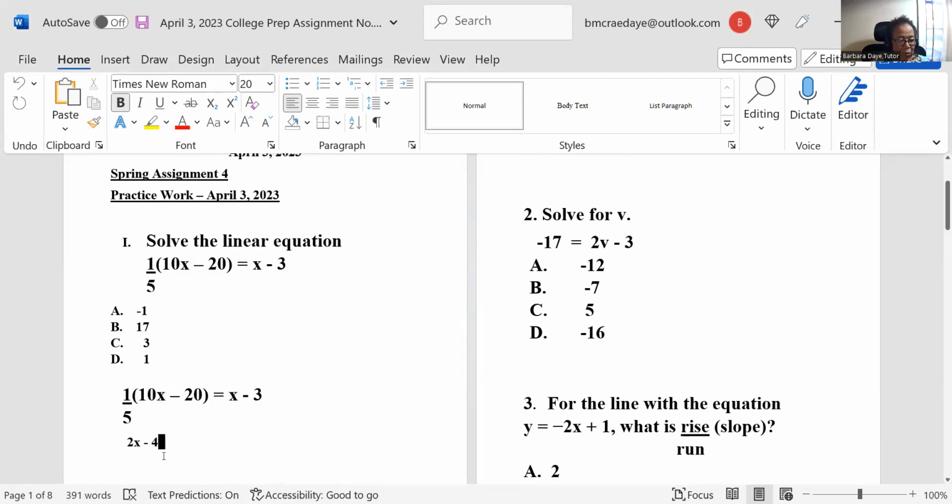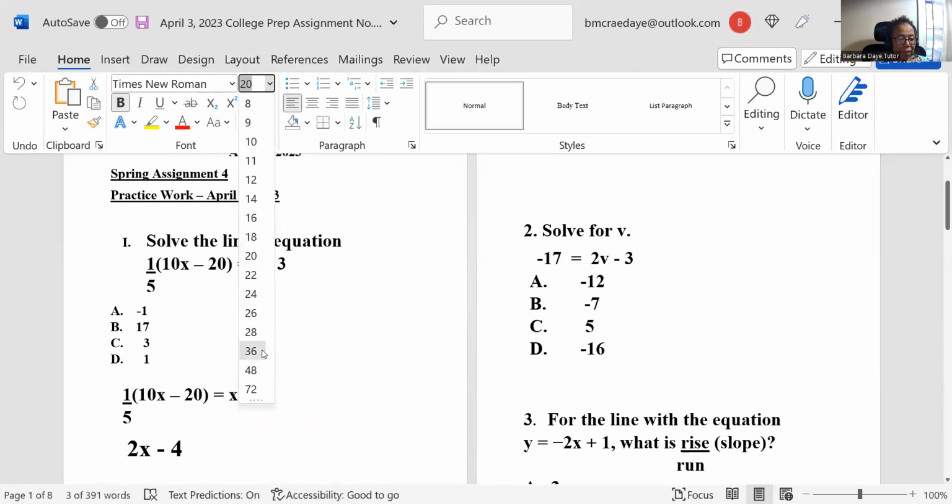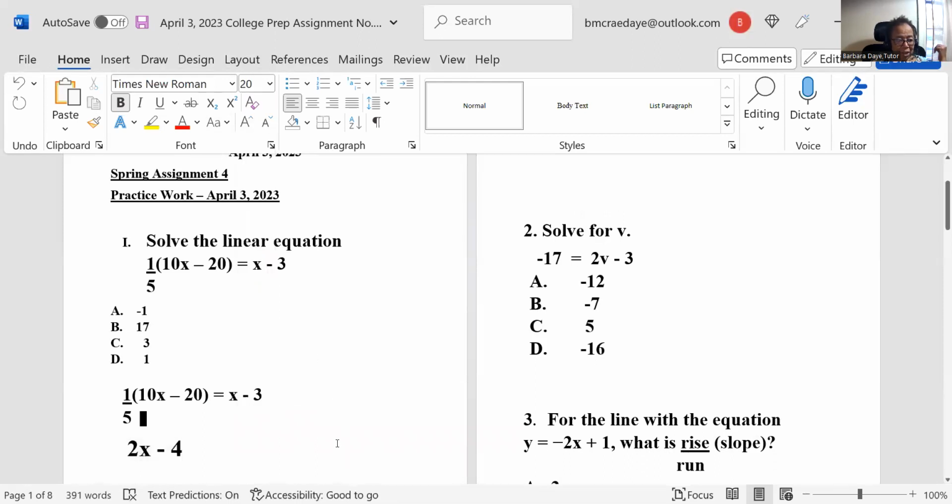Okay, so we've taken care of our parentheses. So everybody okay with doing the parentheses part first, multiplying the 1/5 by the 10x minus 20? That gives you 2x minus 4. Audrey, you okay with that? Okay, did you do that step? I'm not sure what they did.